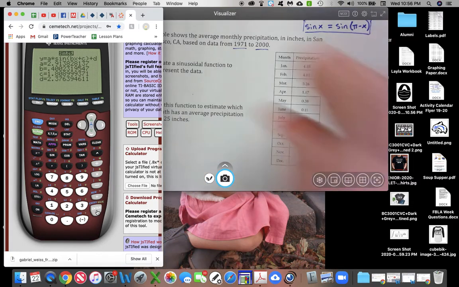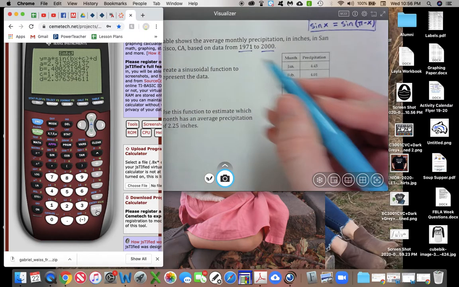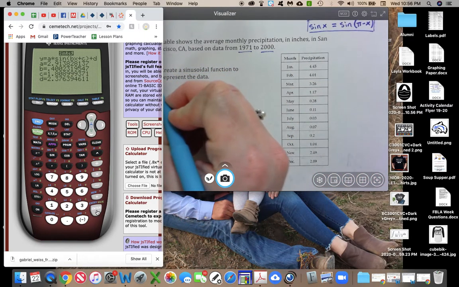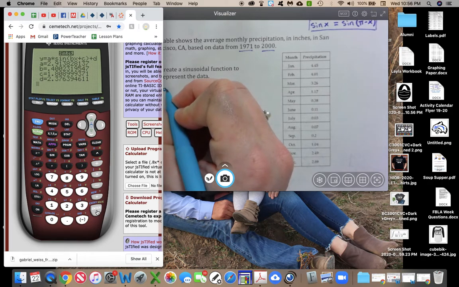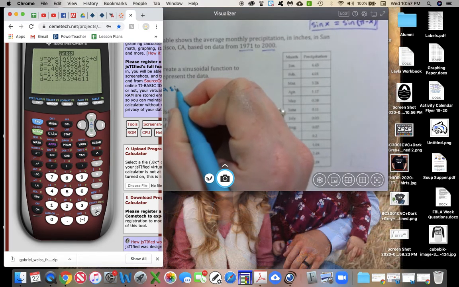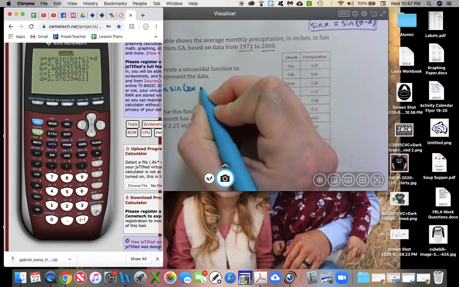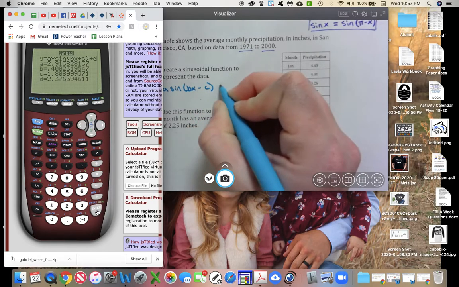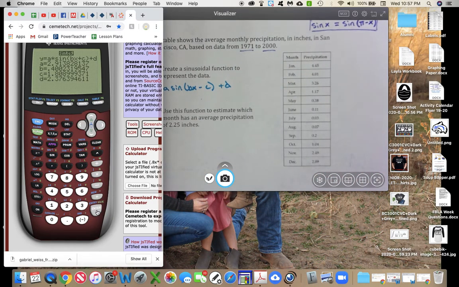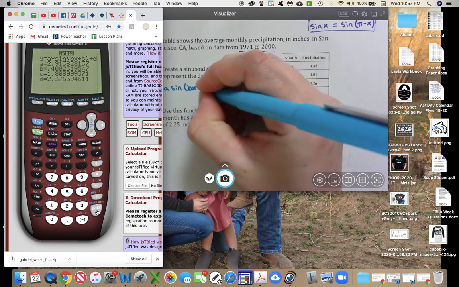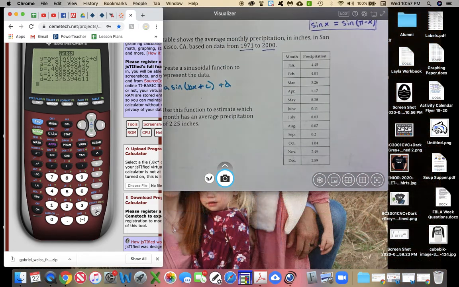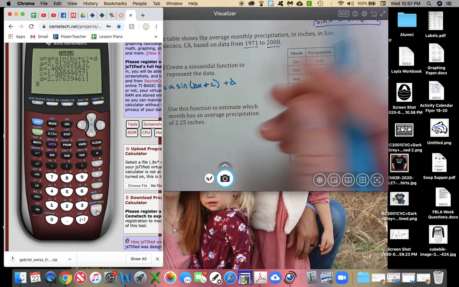Okay, so that sine function, y equals, it'll be a sine of bx minus c plus d, or whatever that is, right? That's what they say, plus c. So this is the function, and then we're going to plug those numbers in for a, b, c, d.